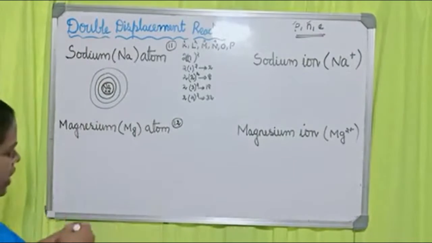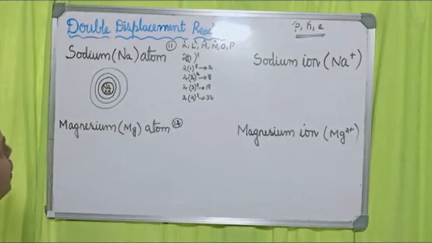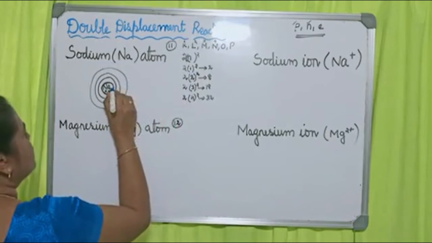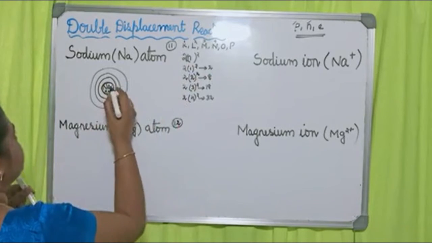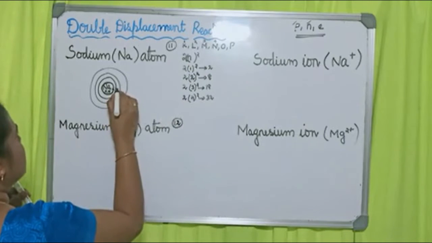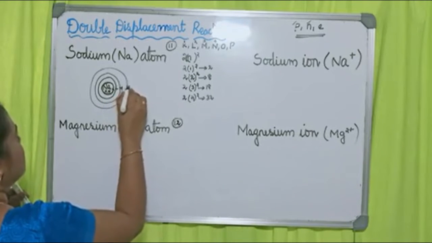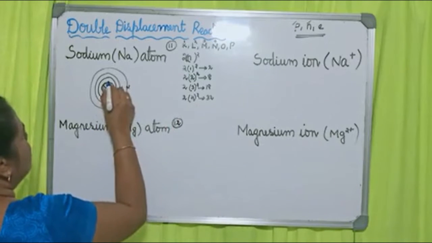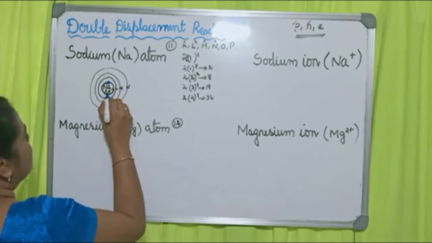Now, in the K shell, we will be having 2 electrons, I said. So first I will write: this is K shell, this is L shell, this is M shell, this is N shell. Now, in the first one, how many electrons are there? 2 electrons are there in the first shell.